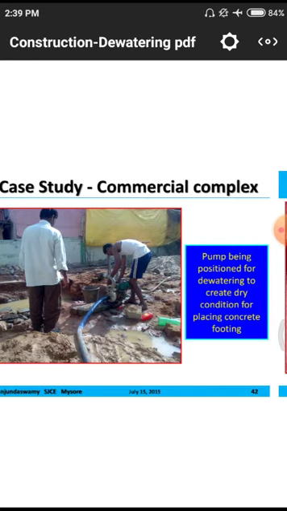What is the purpose of removing water? They need to construct an isolated footing, and for that the soil must be in dry condition. Otherwise, if there is any quantity of water, the concrete will be diluted by this excessive water. So they need to remove all the water.